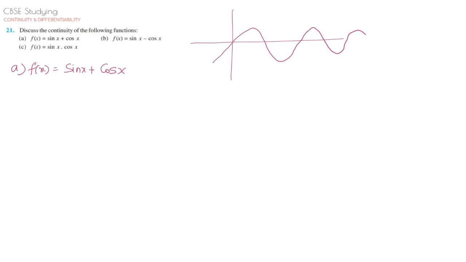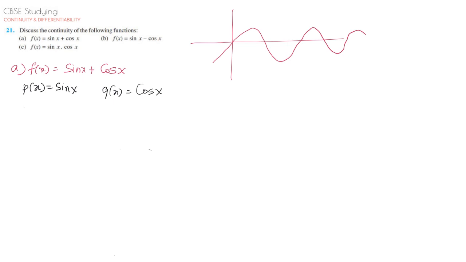So f of x is equal to sin x plus cos x. What I'm going to do is take p of x as sin x and q of x as cos x. Right? Now we know that sin x and cos x are both continuous functions.